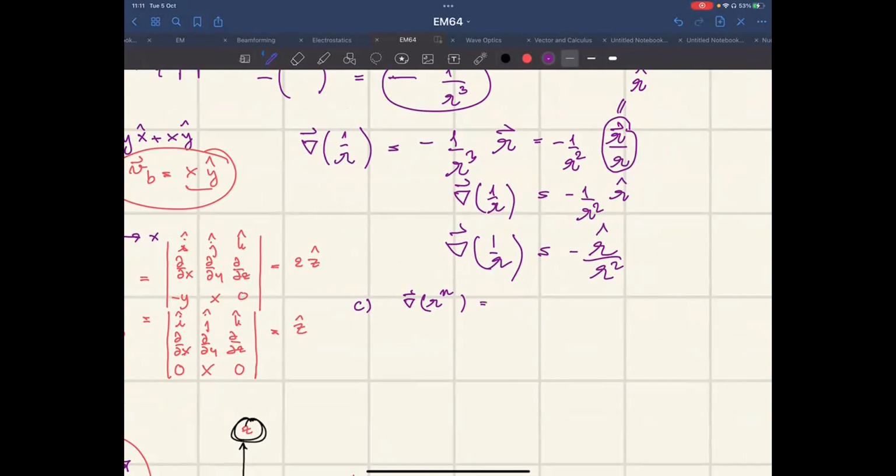If we want to write it down, it becomes like this: d by dx of R to the n, plus j, d by dy of R to the n, plus k, d by dz of R to the n, right?